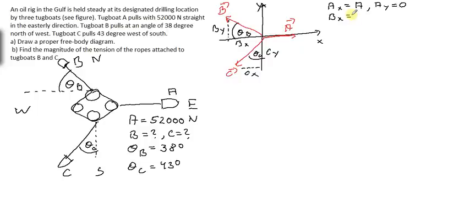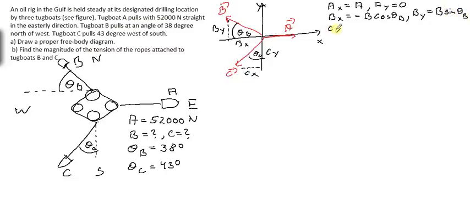B points in the negative x direction, so it is minus the magnitude of B. Bx is adjacent to the angle theta B, so it is times the cosine of theta B. The y component of B is upwards, so this is positive B, and it's opposite to the angle, so it is the sine of theta B.